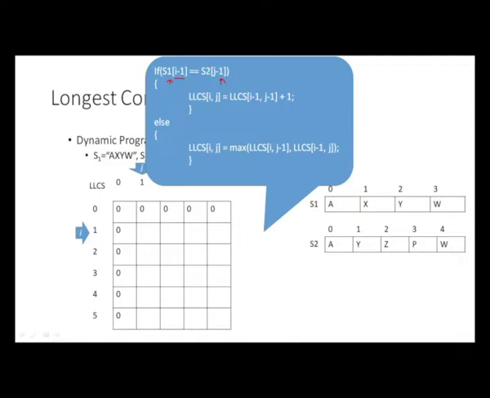So, in our example, let us try to find out what this basically means. We can observe that i here is equal to 1, so i minus 1 would be 0.